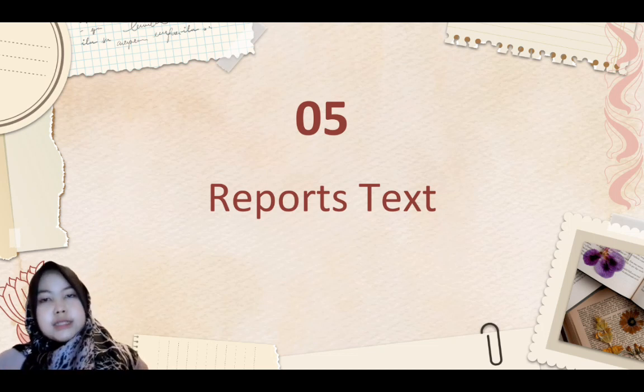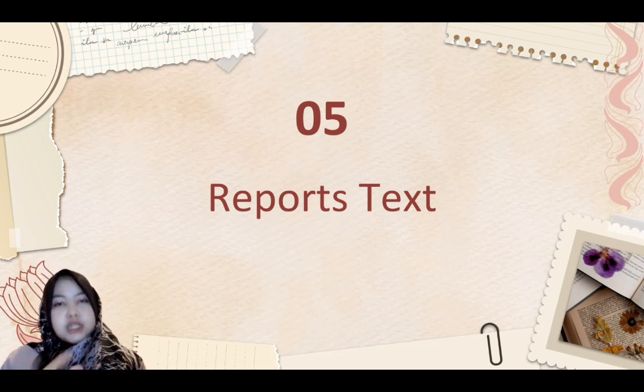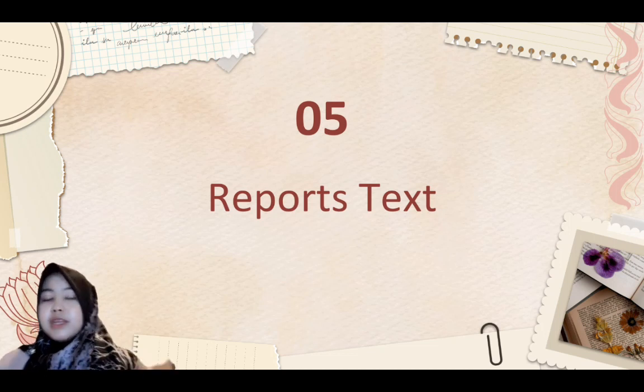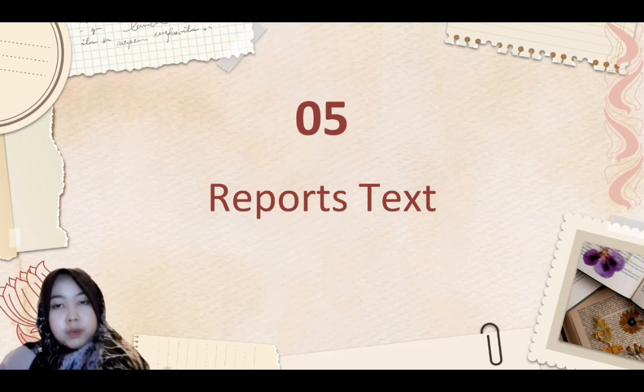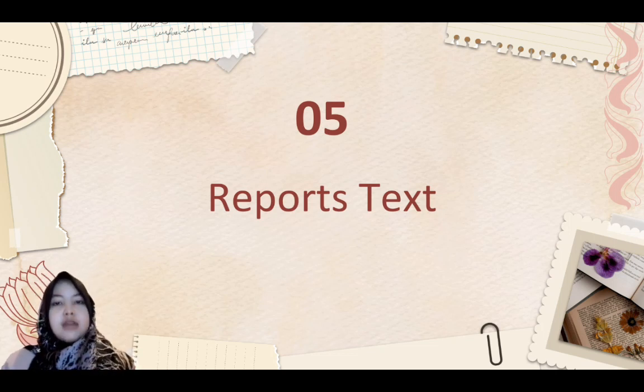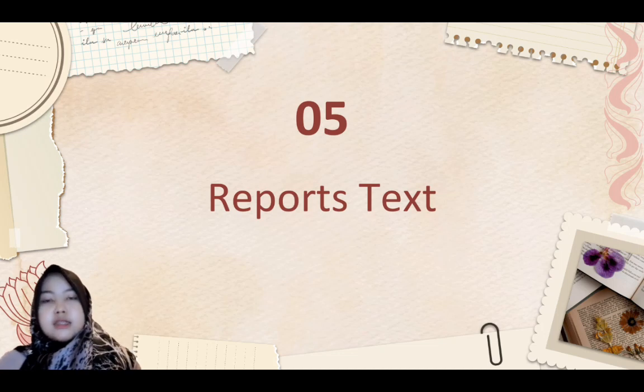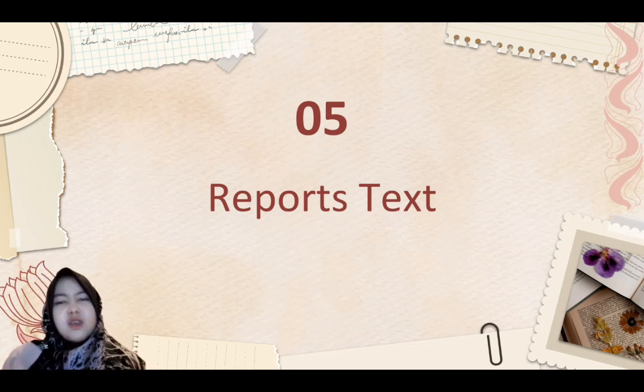Report texts are typically structured with sections like an introduction, method, results, and conclusion. They are commonly used in academic and professional settings, including scientific research reports, business reports, and government reports. Report texts are characterized by their objectivity and reliance on data and evidence to support the information presented.